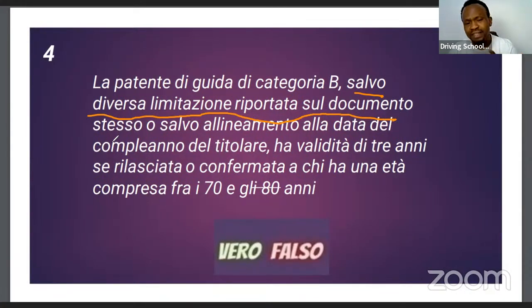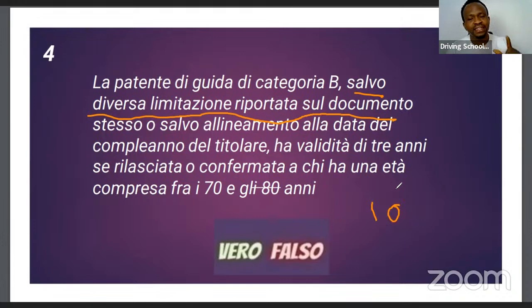You realize that so many of these carta de identità, the expiring date falls on the day of your birthday of that year. So the same thing with this driver's license. For example, if your driver's license is 10 years, maybe they've given it to you with 10 years of validity.